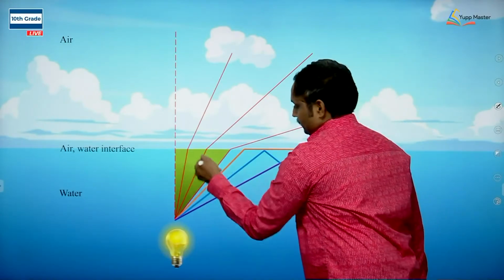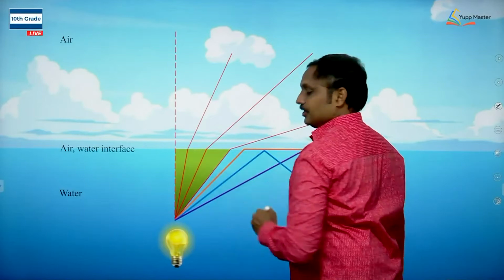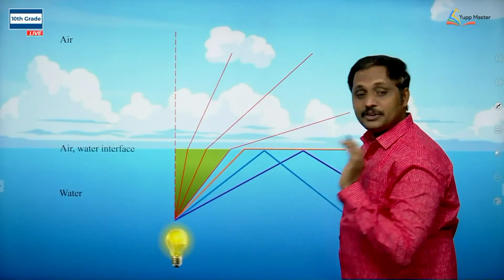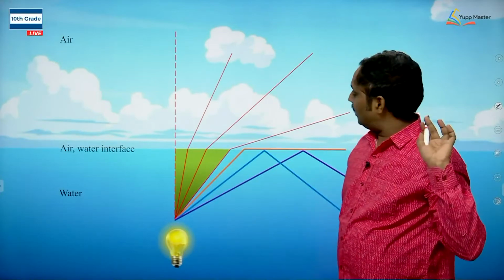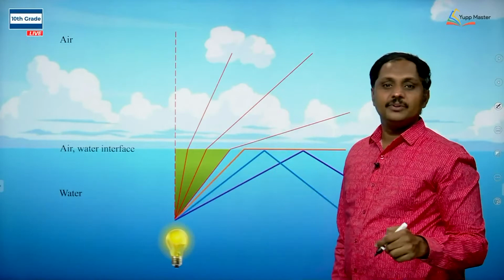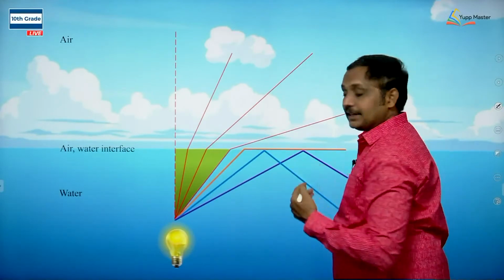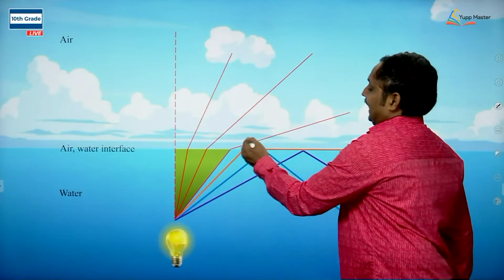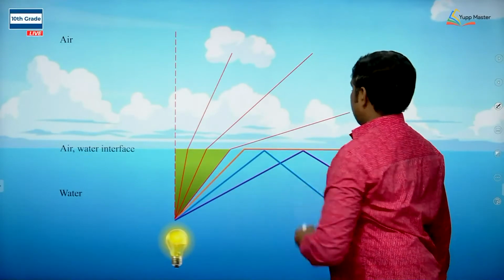In this range, if you incident any light ray, it is going to be refracted, no doubt at all. But what happens after this region? At the critical angle, the angle of refraction is going to be 90.